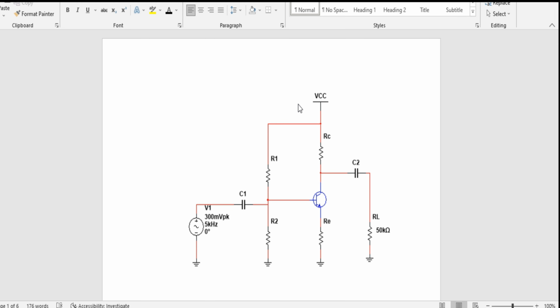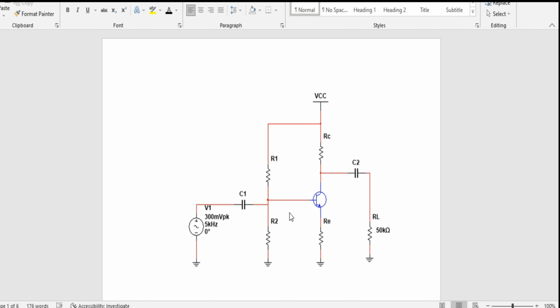This is our basic circuit. Actually I have drawn only the common emitter here, but the other stages are added after this circuit. So the circuit is basically what we were asked. We are given a 300 millivolt peak signal, which is basically an audio signal, and our load is 50 kilo ohm, and we are asked to provide the gain of the full circuit, including this and the other two stages also.